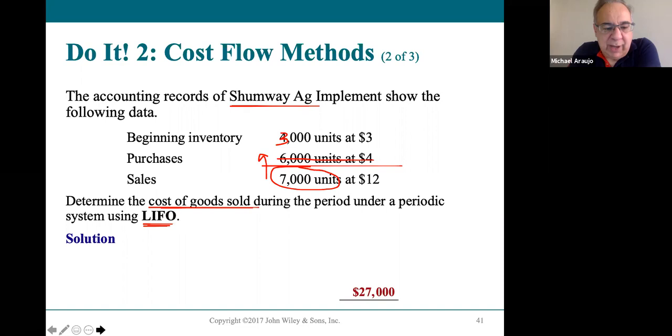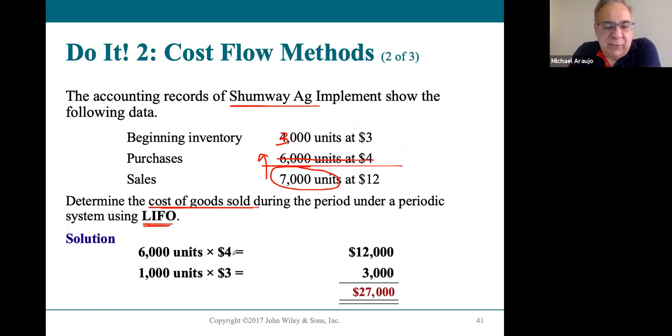So when you look at that, 6,000 units at $4 apiece, and you need 1,000 of these units at $3, which is $3,000. Your cost of goods sold is $27,000. What's remaining in inventory? Well, you've got 3,000 left at $3 apiece. You've got $9,000 of inventory. So if you use LIFO, FIFO, whatever, you can calculate the cost of goods sold, and you can also calculate the ending inventory.